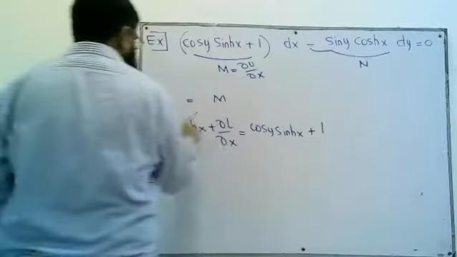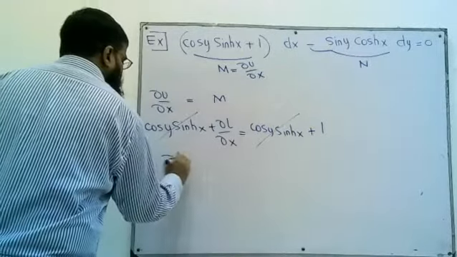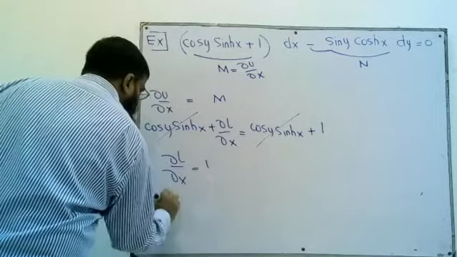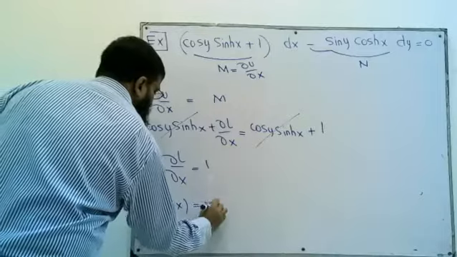Right, so these two cancel, and partial L over partial x is 1. This means L of x is x plus c star.